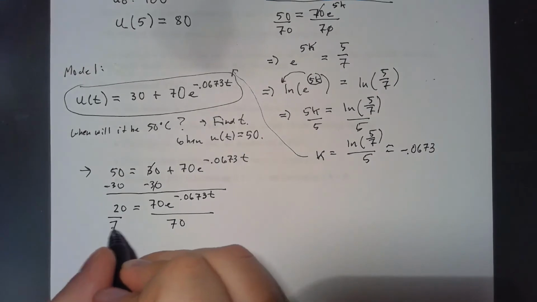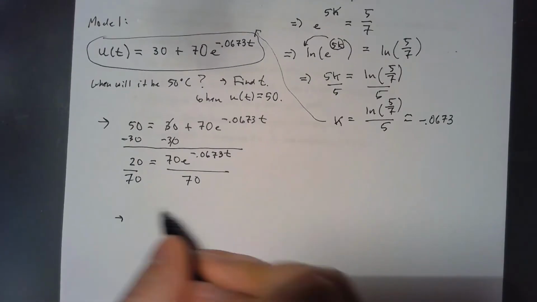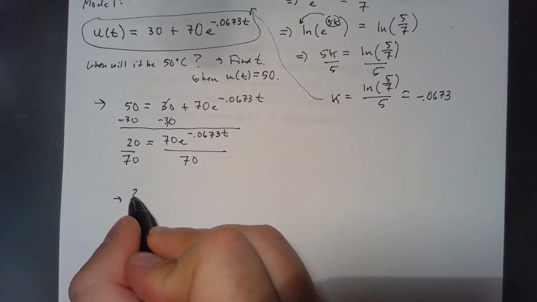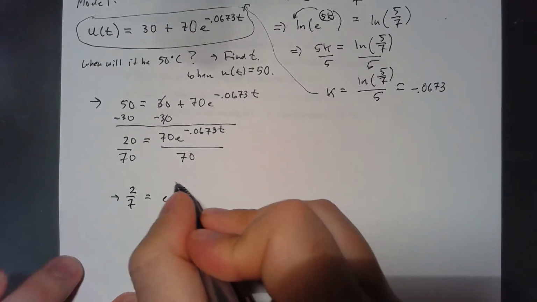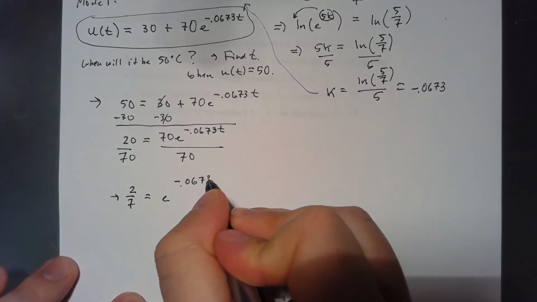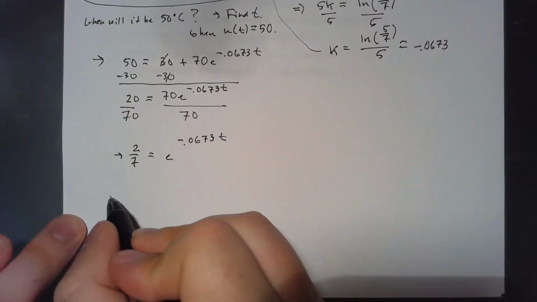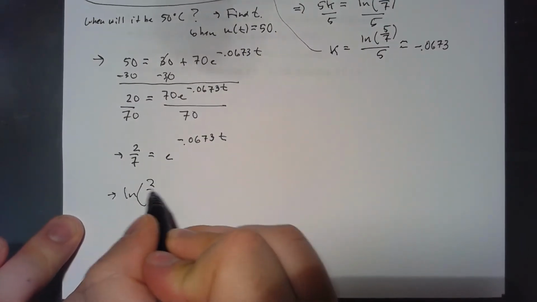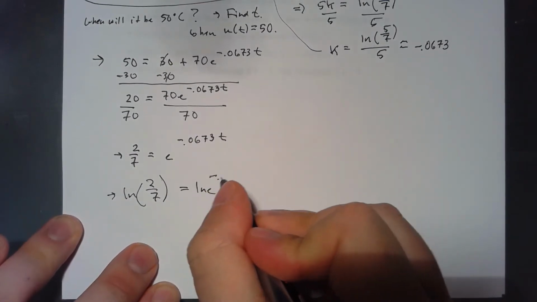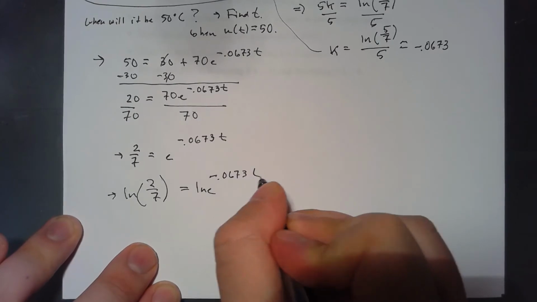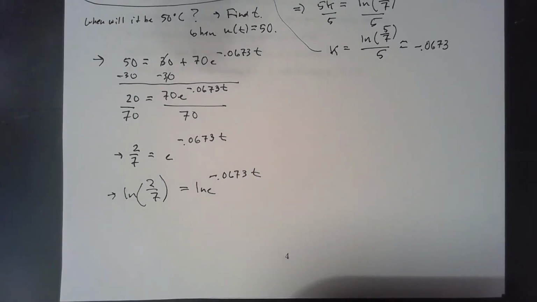Divide by 70. 20 over 70 is 2/7. So 2/7 equals e to the negative 0.0673 T. Take the natural log of both sides. You know the drill by now.